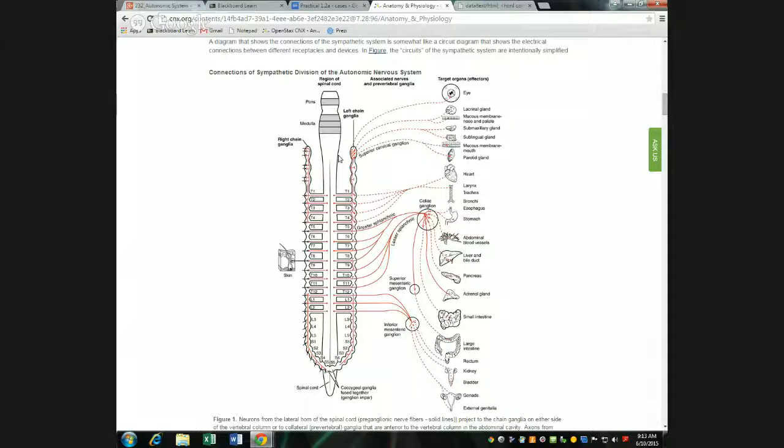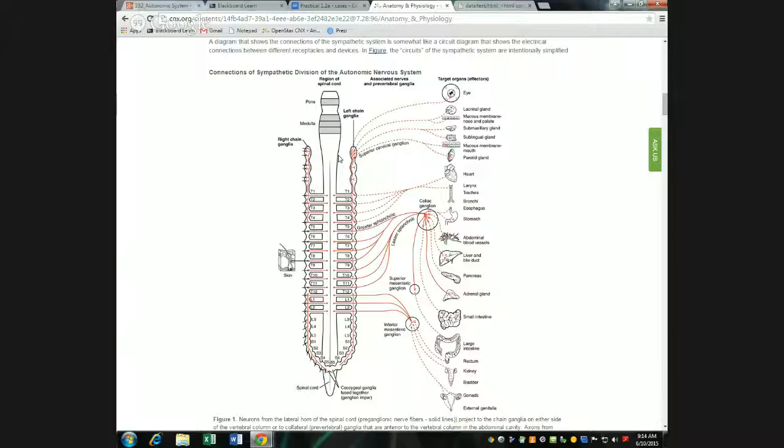There are reflexes built into all this that are homeostatic mechanisms. We're actually just looking at the output side of the reflex. And the sensory input isn't terribly important to what we're talking about here. So we're just really paying attention to the output. And that's what this picture is showing us.